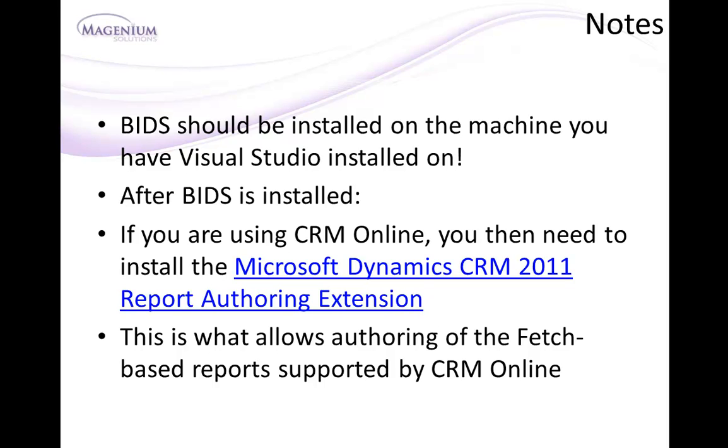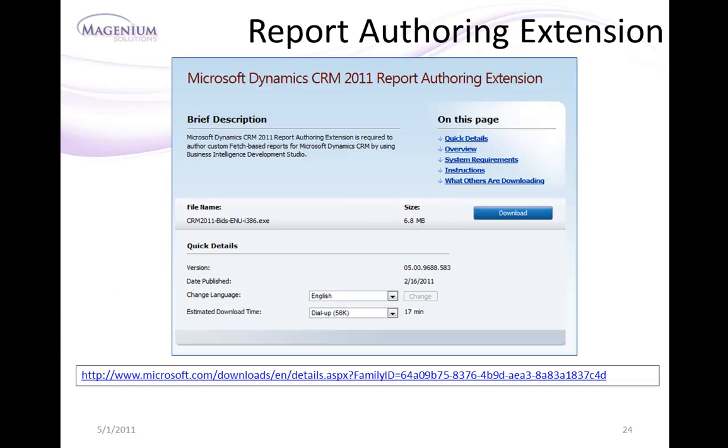After you install BIDS, you're then going to need to install the CRM 2011 Report Authoring Extension, and that's what allows authoring of Fetch-based reports. This, unlike the BIDS development environment, is a free download, and it's going to look something like this.